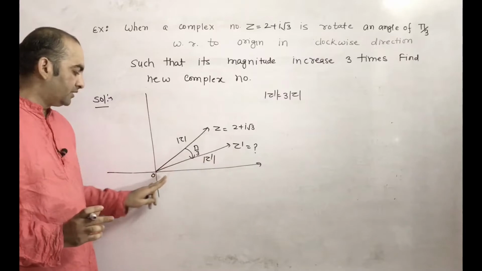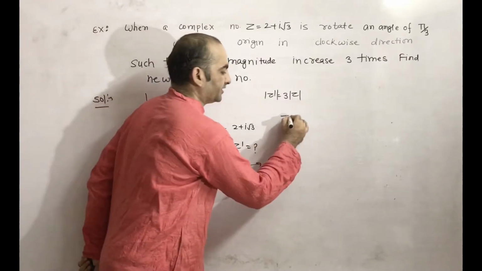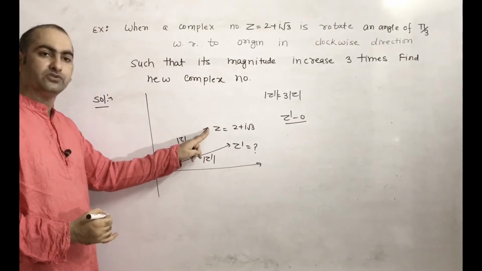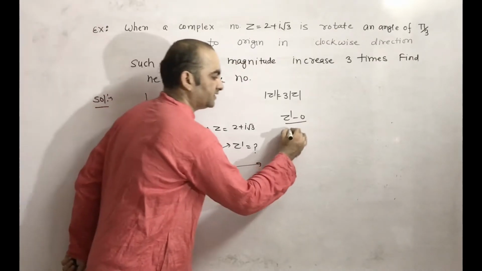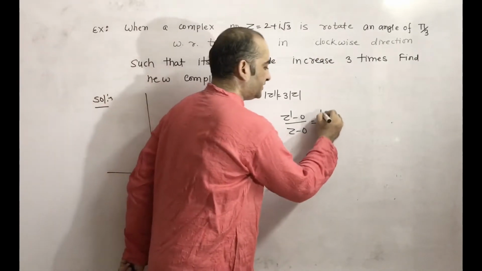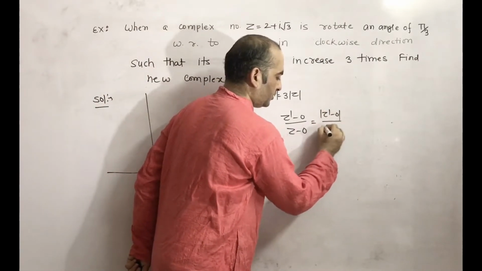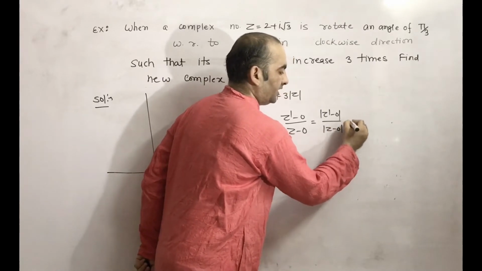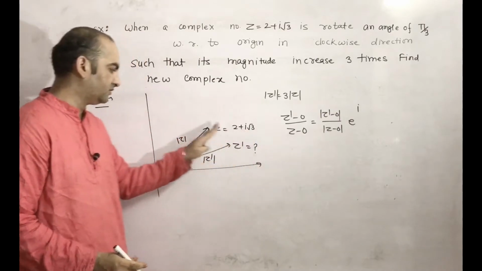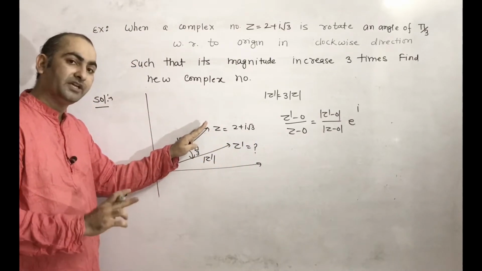Okay, we want z dash, so we will write z dash minus 0 in the numerator, and this one is given, so z minus 0 we will write in the denominator. On this side we will write modulus of z dash minus 0 divided by modulus of z minus 0 into e power iota. Now we are rotating the denominator z minus 0 in which direction?